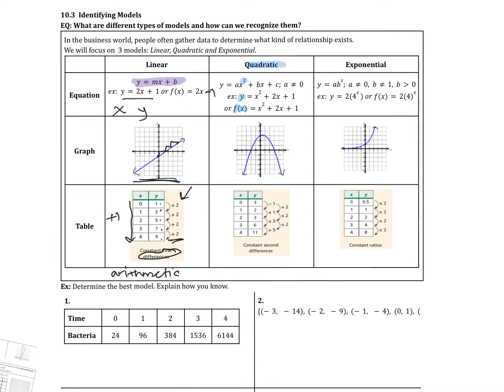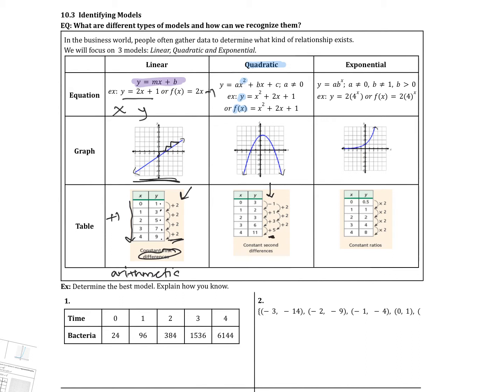What we haven't talked about before is how could you recognize that a model or a function is quadratic if you were just looking at a table of values. So the first thing that you would do, just like we did with looking at the linear table, is look at the first differences. So these right here are the first differences, and you would notice that they are not the same.